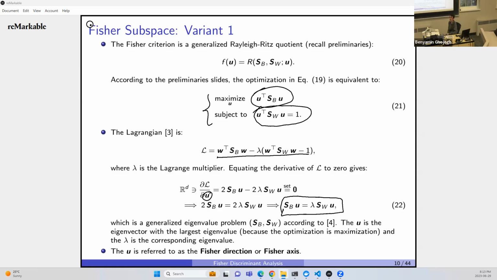Recall preliminaries: it's a generalized eigenvalue problem for SB and SW. Then we need to sort the eigenvectors by their eigenvalues from largest to smallest. Why? Because this is a maximization problem. What is U, the solution that we found? You can see it as the Fisher direction or Fisher axis.